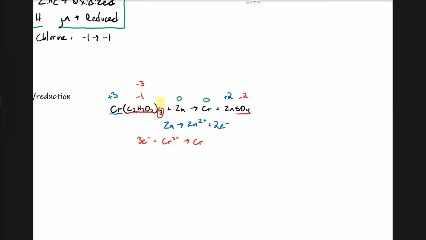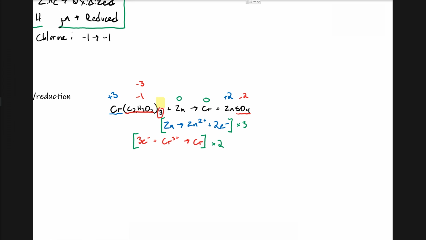But looking at these two half equations, you should notice there's a problem. Up here, we have 2 electrons. Down here, we have 3 electrons. That doesn't match. So what we have to do is look for the least common denominator of 2 and 3, which would be 6. So all you have to do is multiply each half reaction by whatever it takes to get it up to that least common denominator. We're going to multiply this top portion by 3, and this bottom portion by 2.